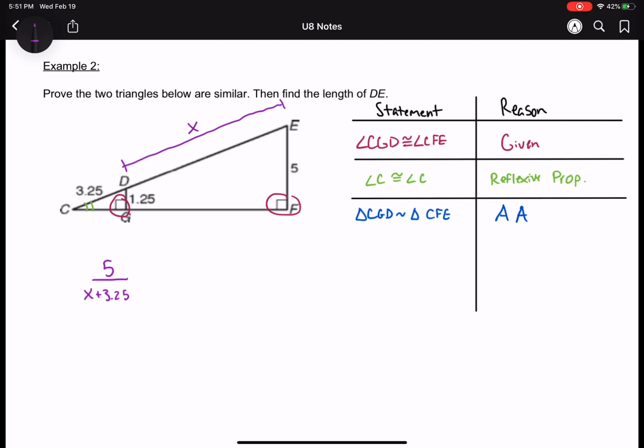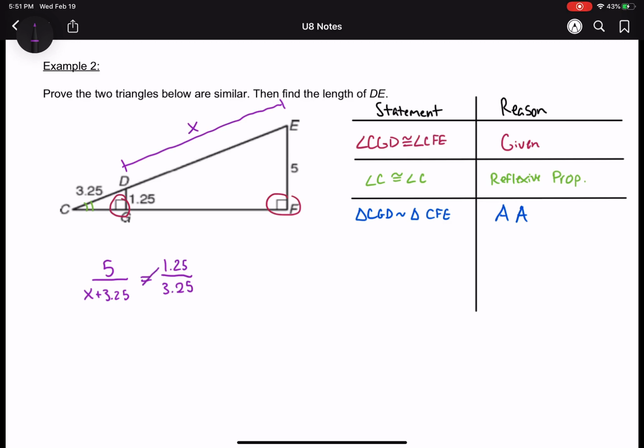So now that I have the ratio for the bigger triangle, I'm going to set it equal to the ratio from the smaller triangle, triangle CGD. In triangle CGD, I have 1.25 for the side length that should be proportional to FE, and I have 3.25 that should be proportional to that full length from C to E. Now that I have my proportions set up, I'm going to solve by cross multiplying.